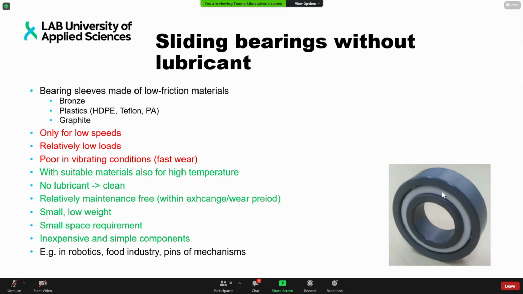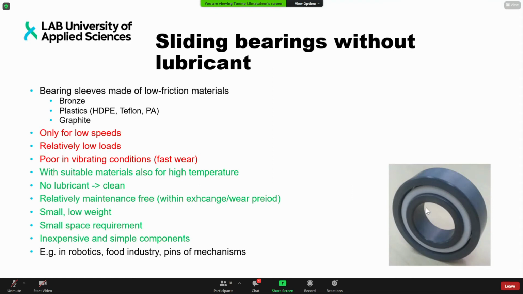We have a soft plastic sleeve between the static and the rotating part, and due to the material characteristics of the white plastic over here, it will provide somewhat smaller friction than the normal static and rotating part would provide. So usually the bearing sleeve is made out of some low friction material like bronze. It could be plastics and it could be graphite.